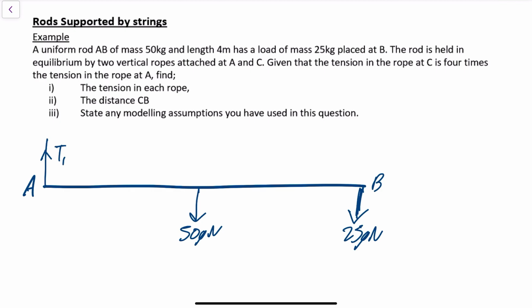And then the other one at C, where is C? We don't know where C is. Well, given that the tension in the rope at C is 4 times the tension in rope A, find the tension of each. So it's pretty clear to me that my C must be over here somewhere.